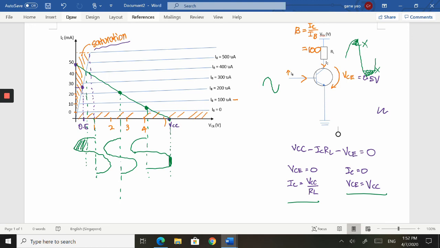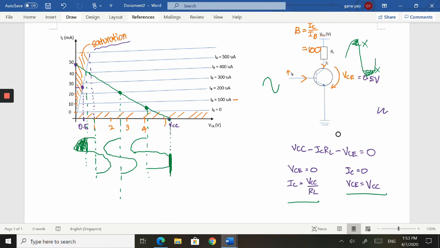So I do not risk a distorted cutoff here, and neither do I risk a distorted cutoff there. Okay, so this is the whole idea behind why I want to find out a load line. And if I have the load line over here like this, ideally the operating point I want is somewhere in the center to prevent any distortion at the ends.